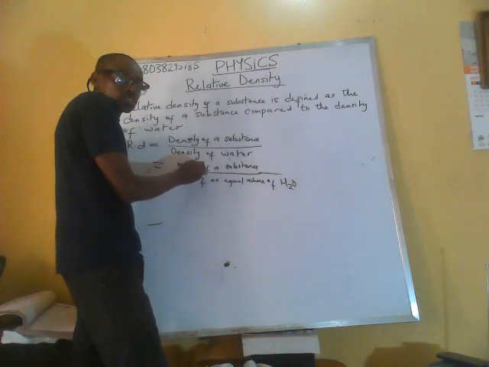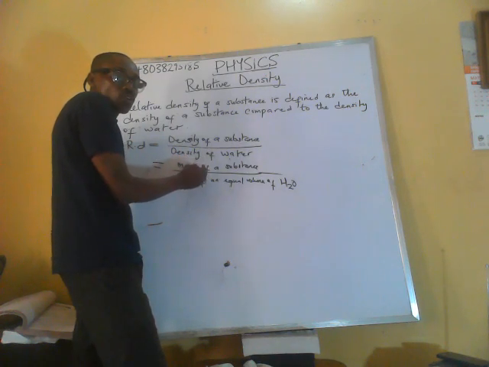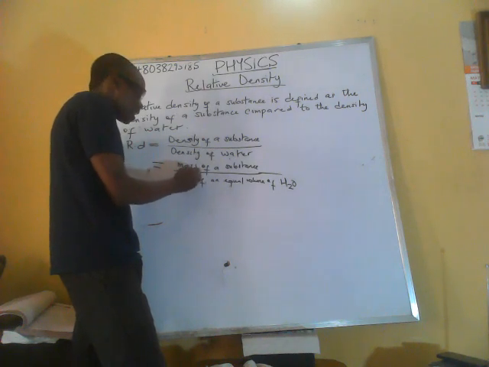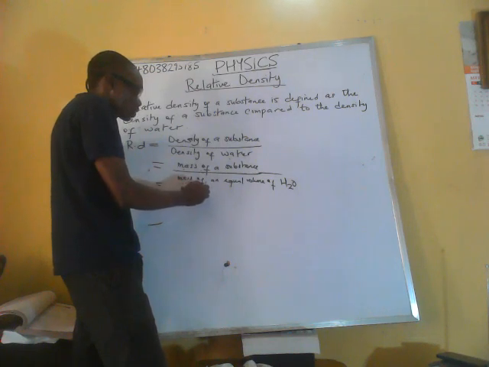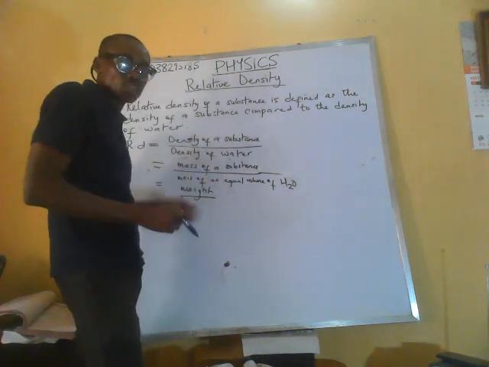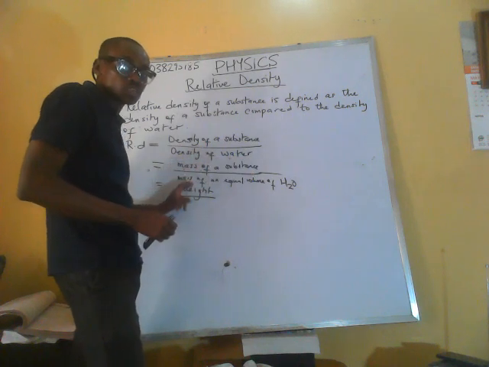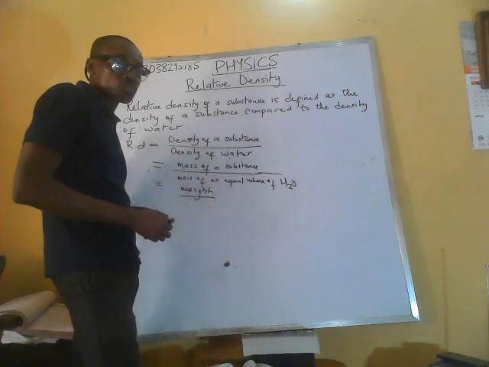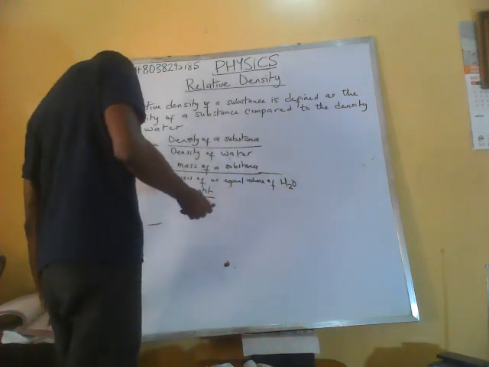When you take a volume of a substance and an equal volume of water and measure the mass of that substance over the mass of that water, you can also calculate the relative density. Another one is the weight of a substance over the weight of an equal volume of water. That is another formula.